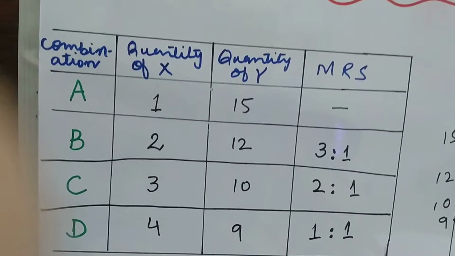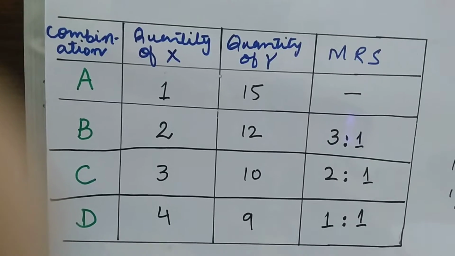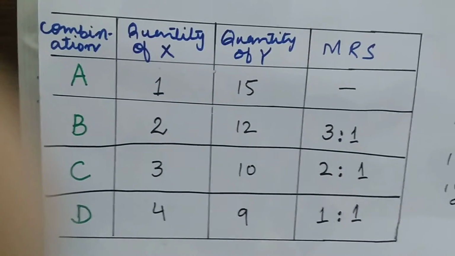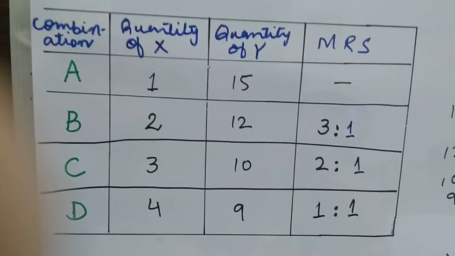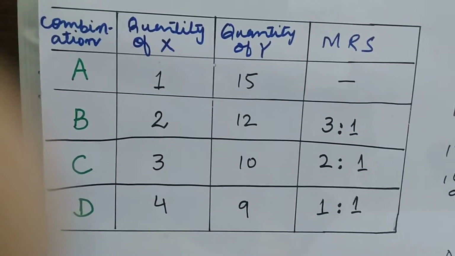Now in the fourth column, we have ratios for the further combinations. Let us go to the second combination.